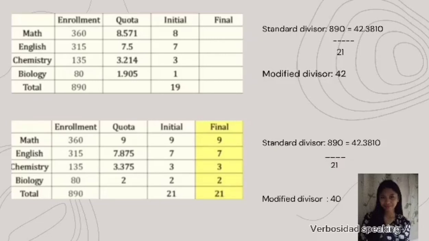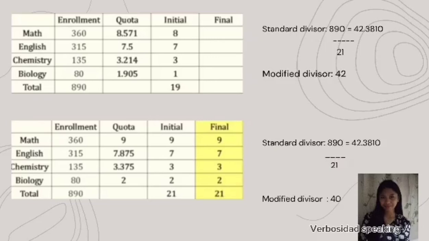Then we total. For initial, same as before, it's very simple, like dropping the decimal point. So 8, 7, 3, 1, and adding them, 8 plus 7 plus 3 plus 1 equals 19 again. But what we need is 21 tutors, so this is wrong.